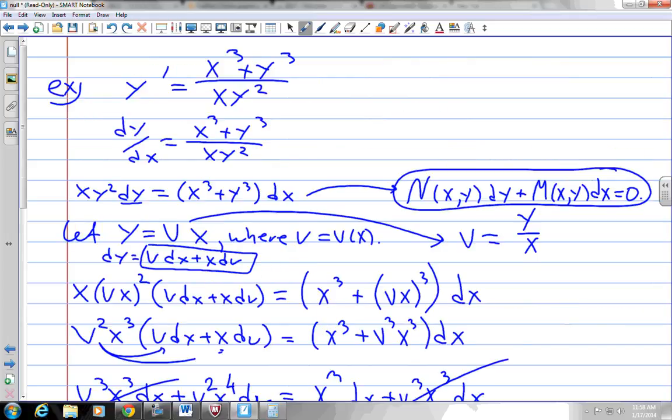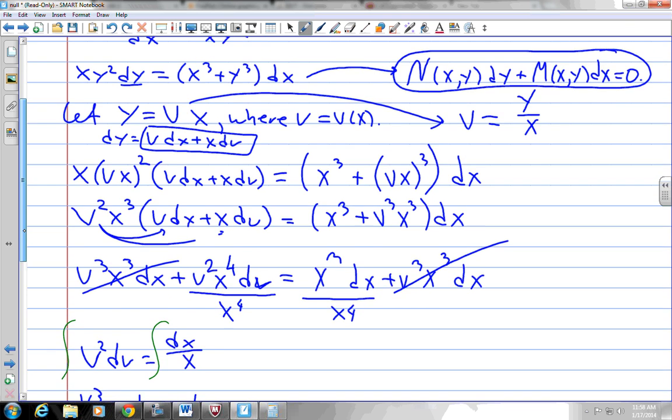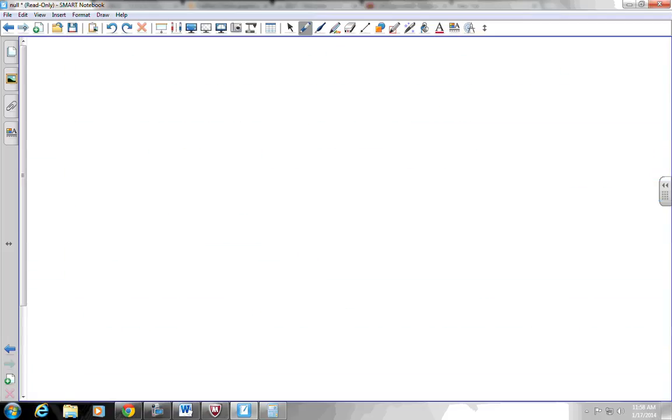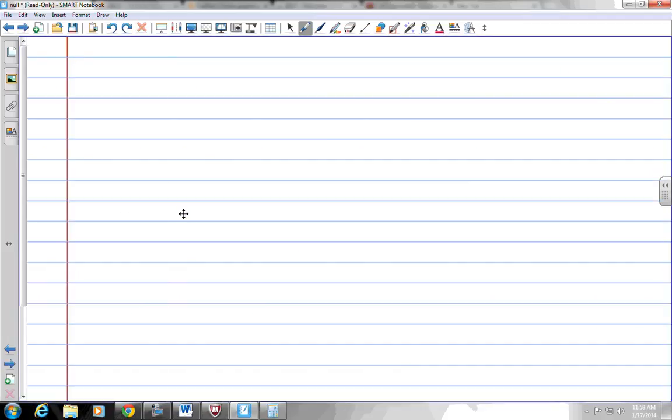Now, how do we test whether functions are homogeneous? Here are my two functions, N of x, y and M of x, y. Let's take the first one. Let's say f of x, y is x y squared. I want to compute f of tx, ty, so that becomes tx times ty squared.